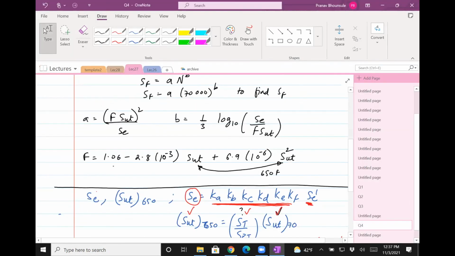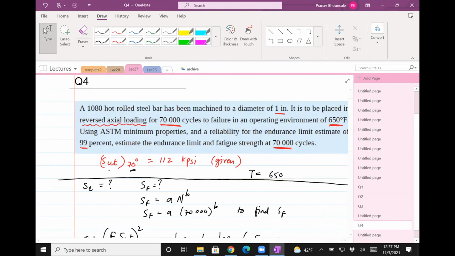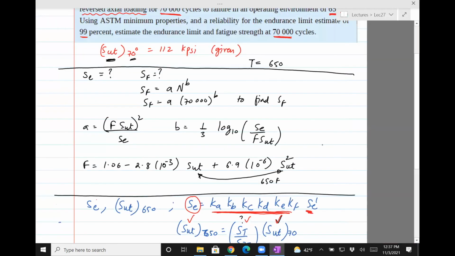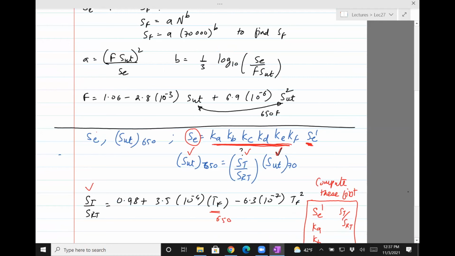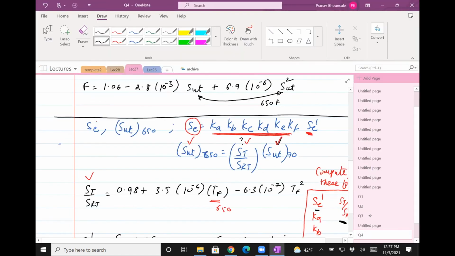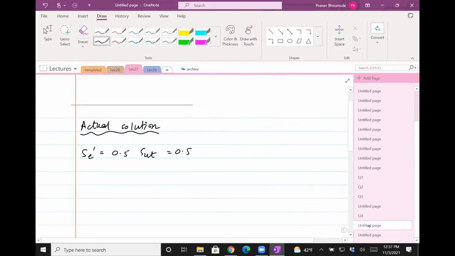I know the temperature, I know SUT at 70 degrees, but the issue is I'm really trying to find SE prime at 650, which means that I can't solve for SE prime unless I have the strength at 650. So I first need to get this thing, and then I can find SE prime. Let's change our plan and start solving for ST divided by SRT first. My bad.